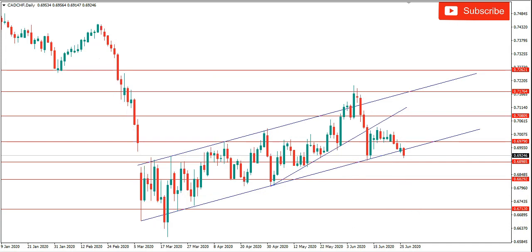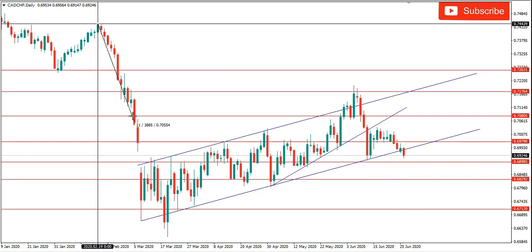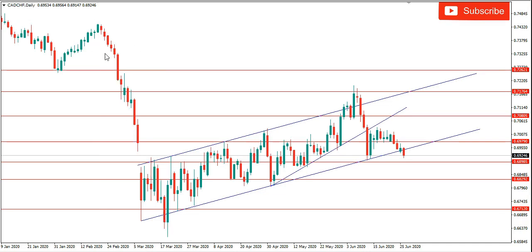So I'm going to do that shortly. If I take my crosshair from this high to this low, we have about 839 pips from this impulse. We had all this correction, and then we'll be expecting another 835 pips to materialize on this pair.